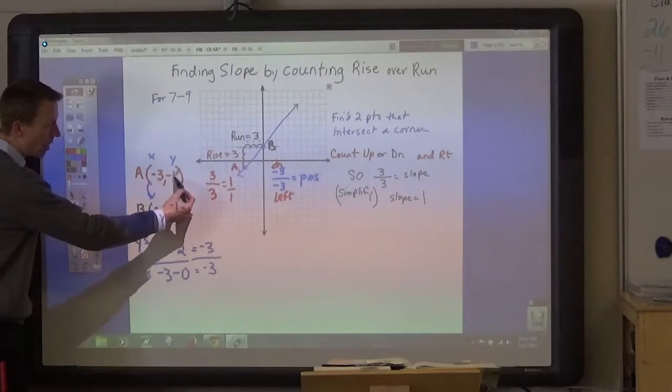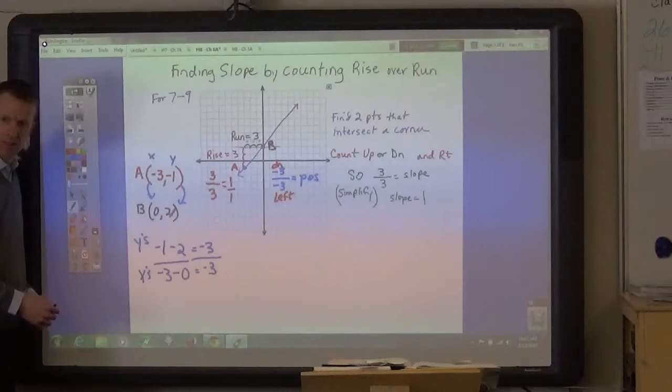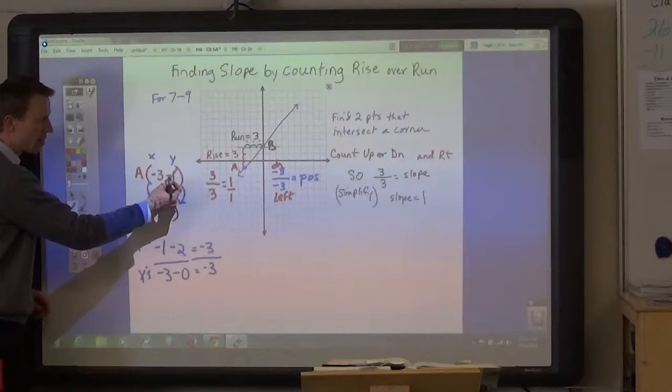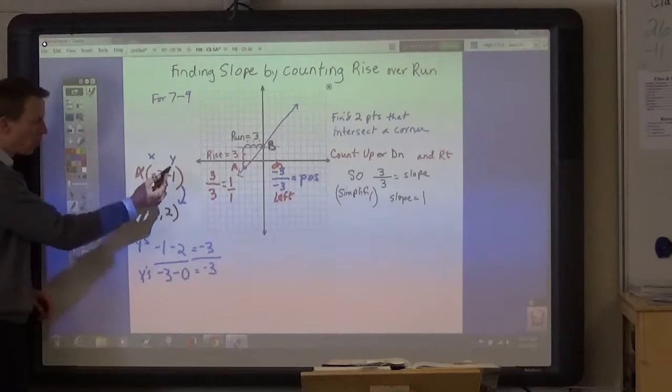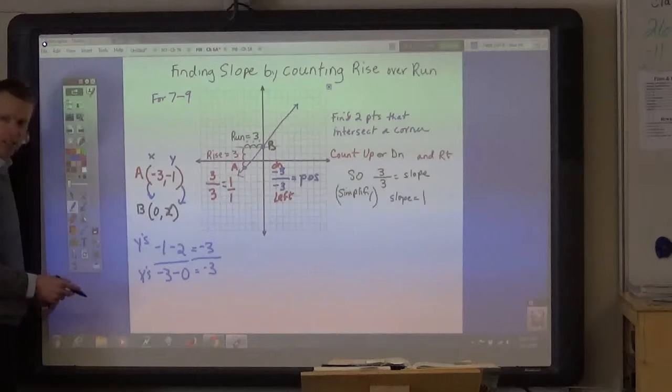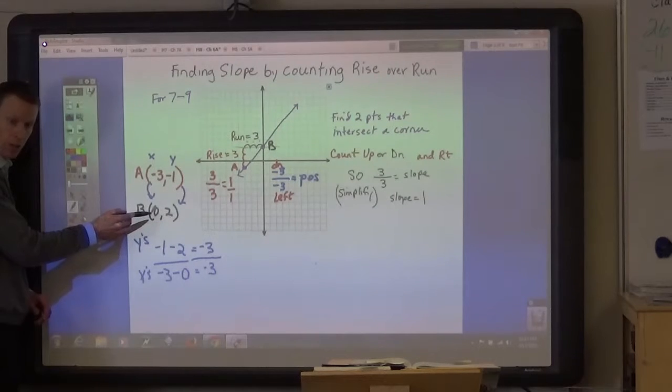If you do A minus B, the y-coordinate of A minus the y-coordinate of B, then you have to also subtract the x-coordinates in the same order. Okay?